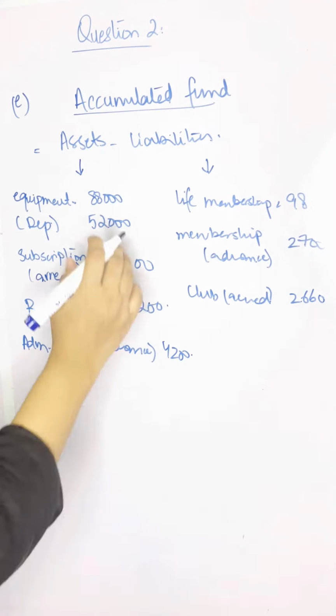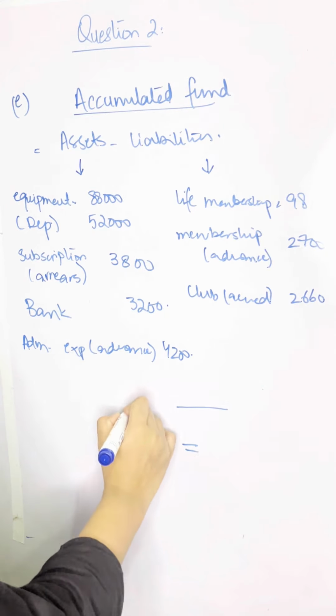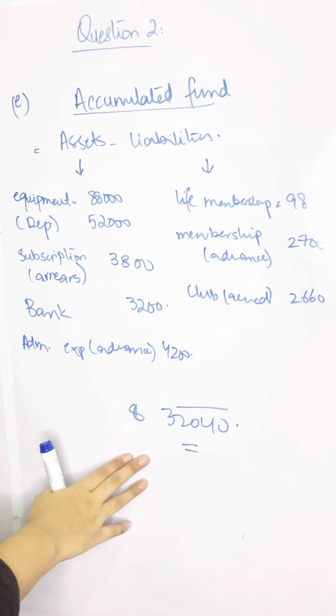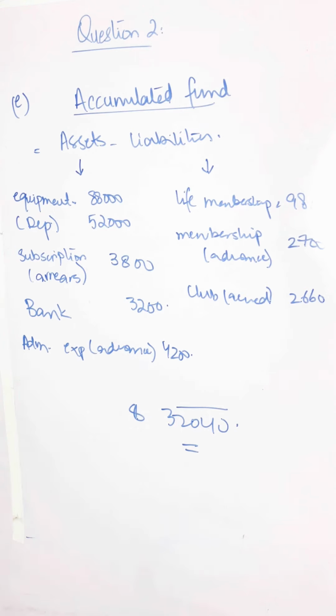And now you can add all the assets minus the liabilities, and you can get the cumulated fund as 32,040. So this is the cumulated fund that you were asked to calculate. So with a simple formula, you just need to add in the figures and calculate it.